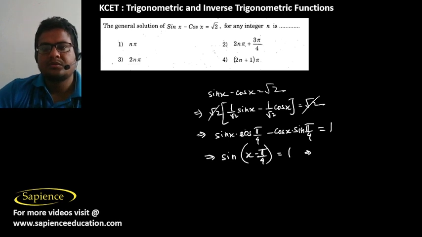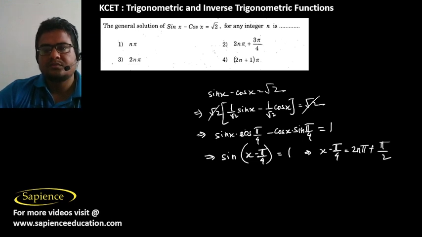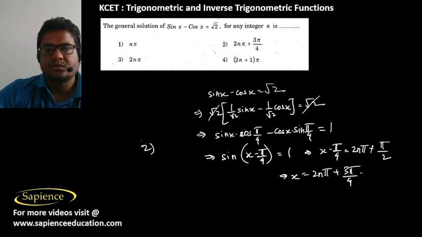Therefore x minus pi by 4 will be equal to 2n pi plus sin inverse 1, that is pi by 2, so 2n pi plus pi by 2. Therefore x will be equal to 2n pi plus 3 pi by 4. So option 2 is the correct answer.